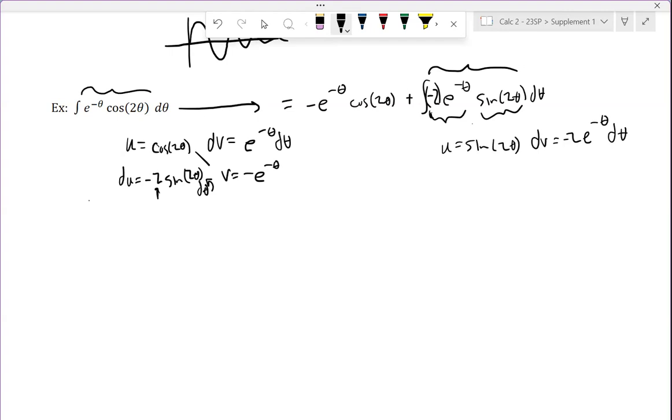And I think I've accounted for everything. du, sine differentiates to cosine. I get 2 cos of 2 theta d theta. And v is going to be 2 e to the minus theta. I still have this bit to bring down. You see why I put the negative sign in there now, because I don't want to have to remember to distribute that negative throughout. That would be a very easy place to make a mistake.